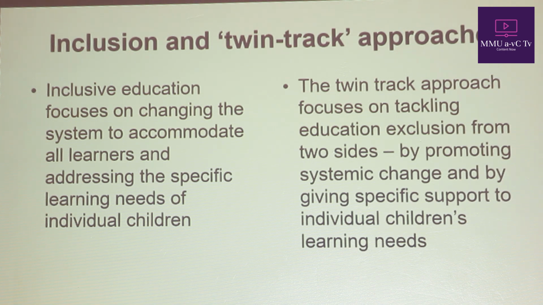The first one is promoting systematic change, that is putting in place the provisions to accommodate children with disabilities, and then ensuring that a specific support is provided. For example, we have changed the system and we have children with hearing impairment. But remember, children with hearing impairment will need sign language. So that is a specific support by providing a sign language interpretation.